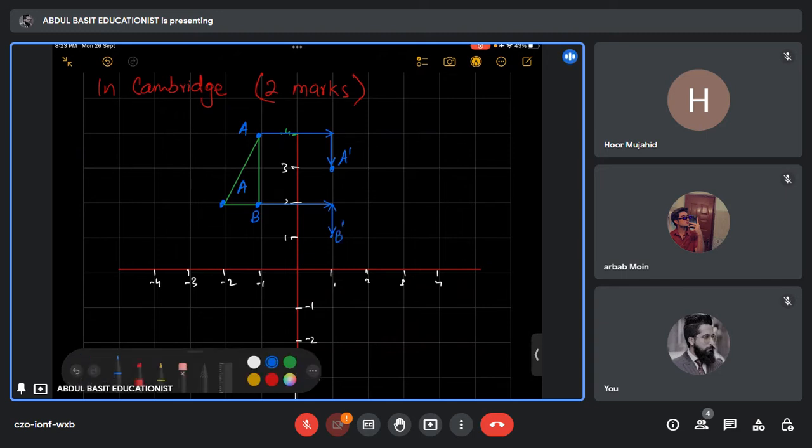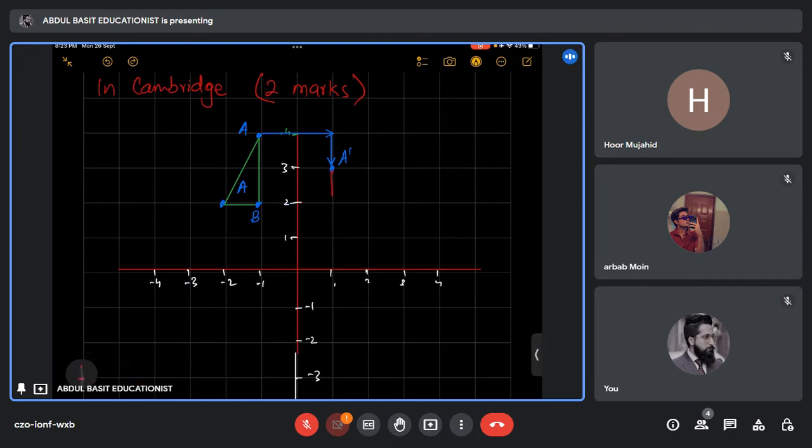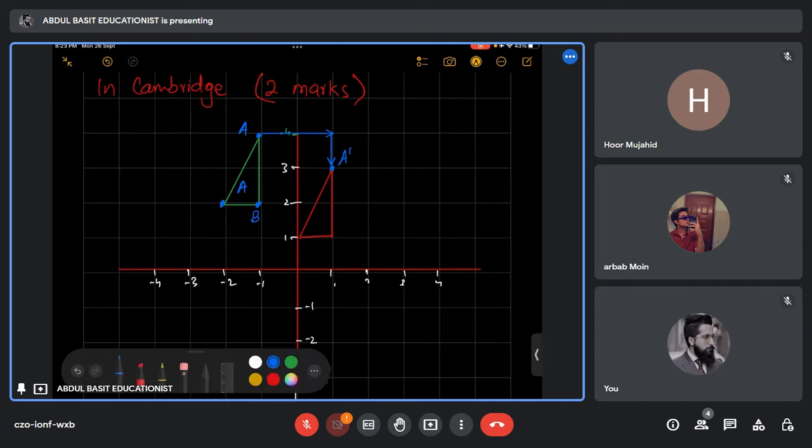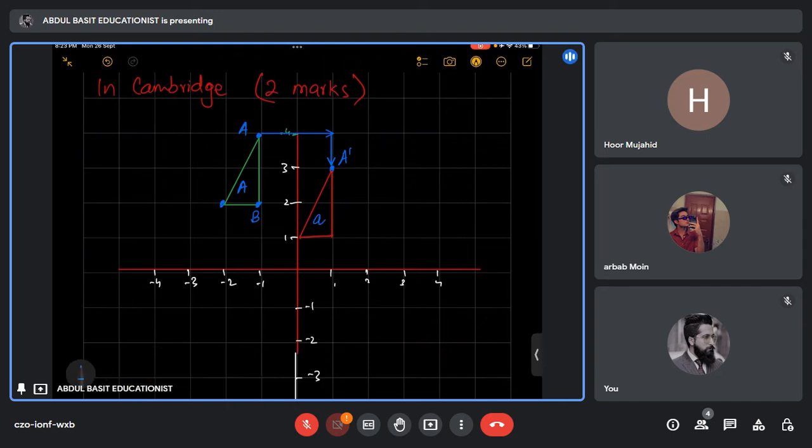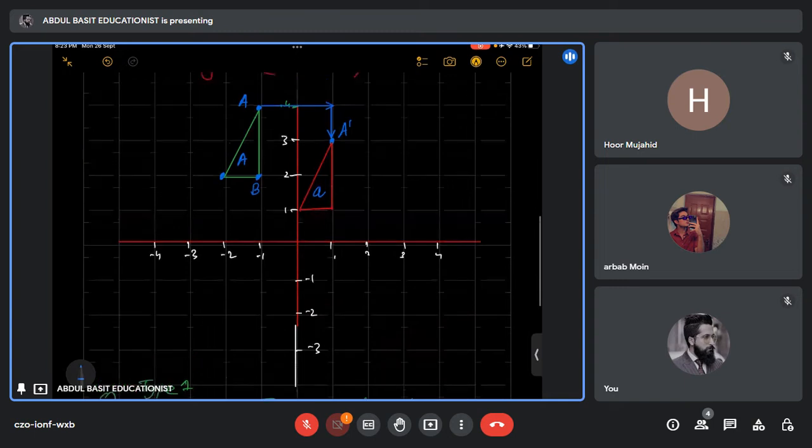I'm erasing this because we need to translate only one point, and then we can easily draw the shape. Since the shape is translated, there will be no increase in size or rotation. So this is my answer, this is part A, and the examiner will give you 2 marks credit.